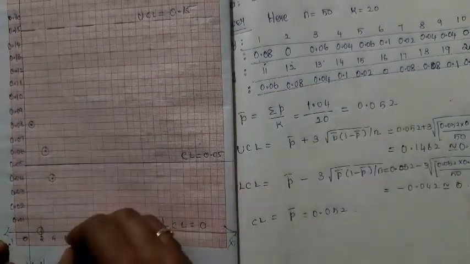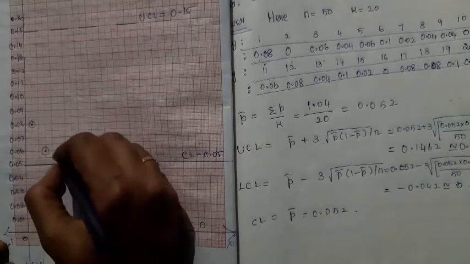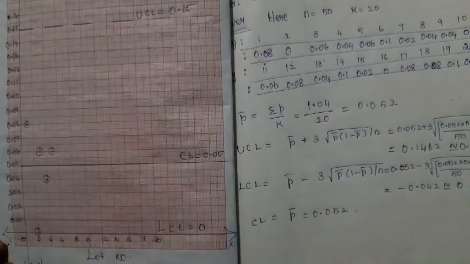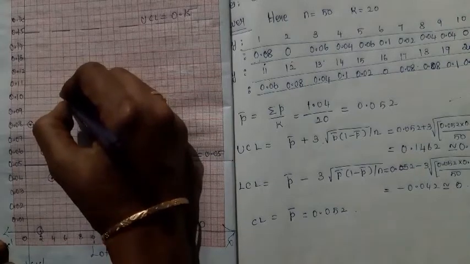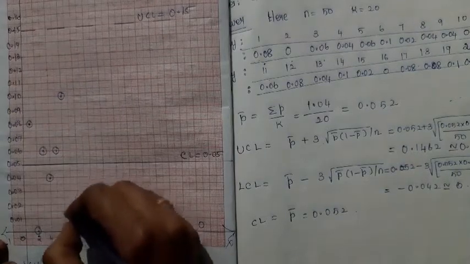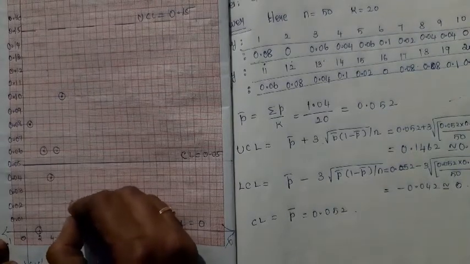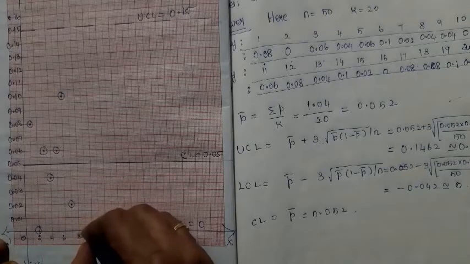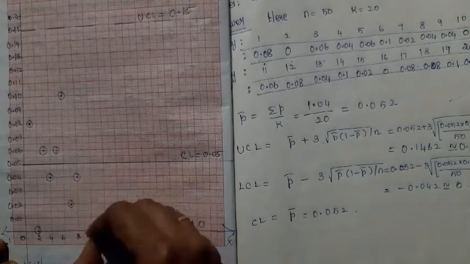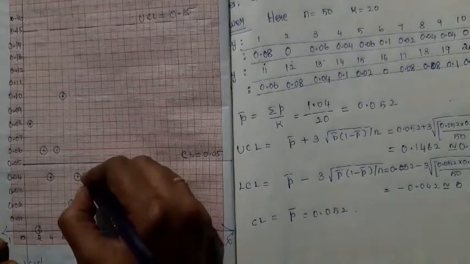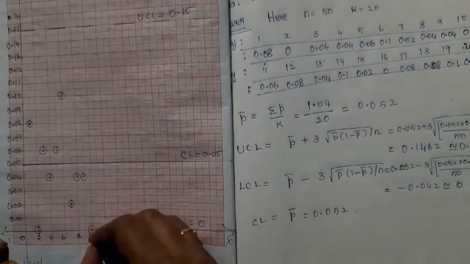For fifth day it is 0.06. Sixth day it is 0.10. Then it is 0.02 for the seventh day. For the eighth day it is 0.04. For the ninth day also it is 0.04. For 10th day it is 0.